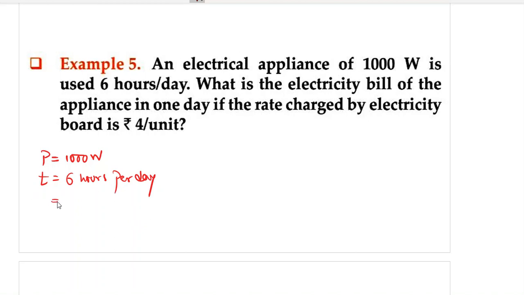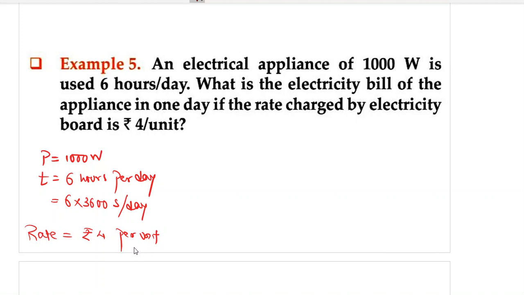So 6 hours can be written as 6 into 3600 seconds per day. What is the electricity bill of the appliance in 1 day if the rate charged by the electricity board is rupees 4 per unit? So the rate is rupees 4 per unit.